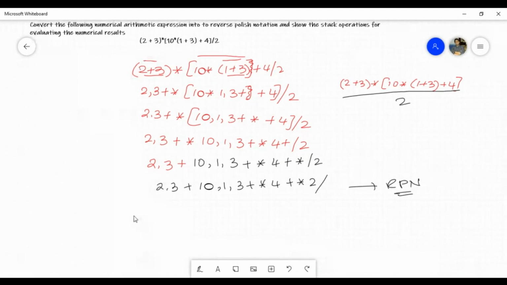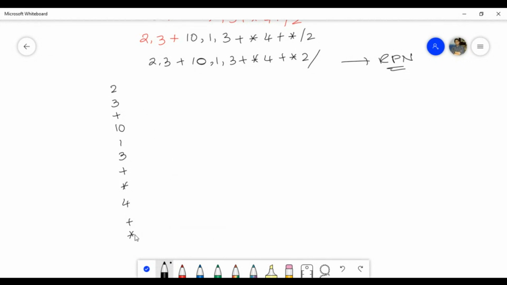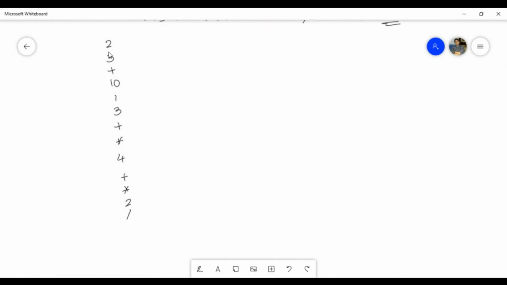So let us arrange it in terms of the stack: 2, 3 plus 10, 1, 3 plus cross 4 plus cross 2. Okay, so now this is the stack here.